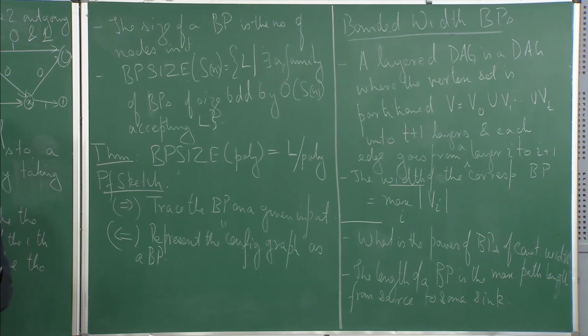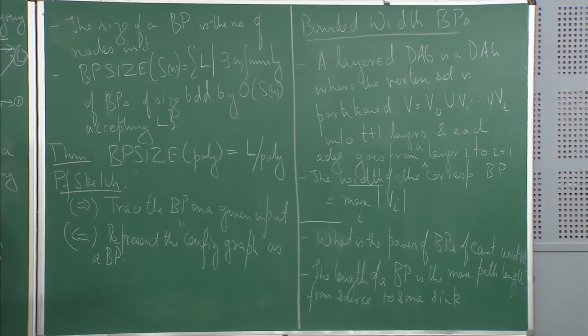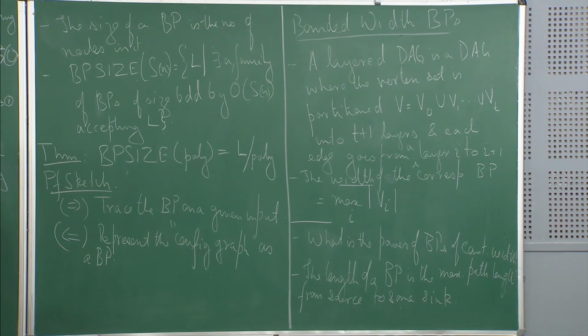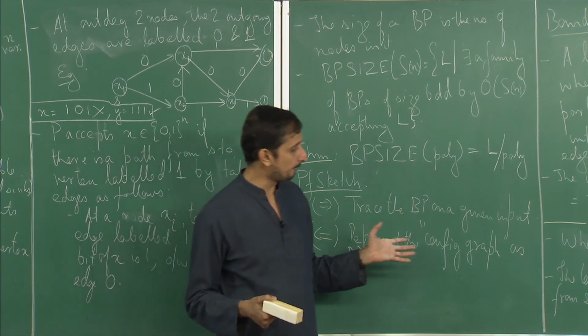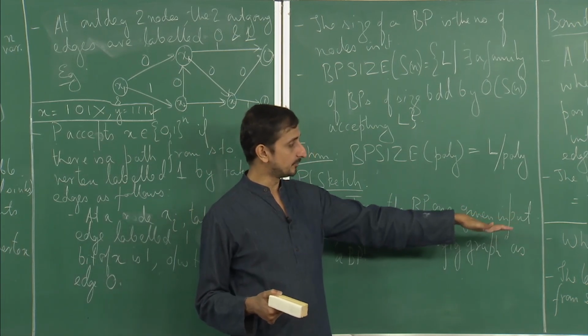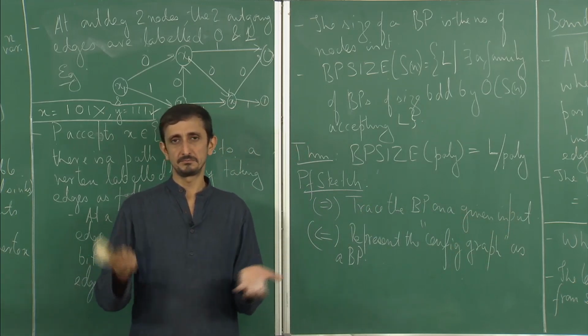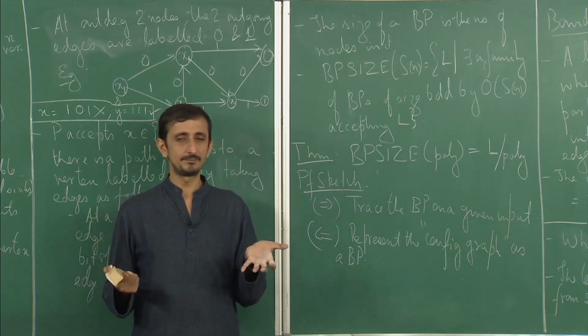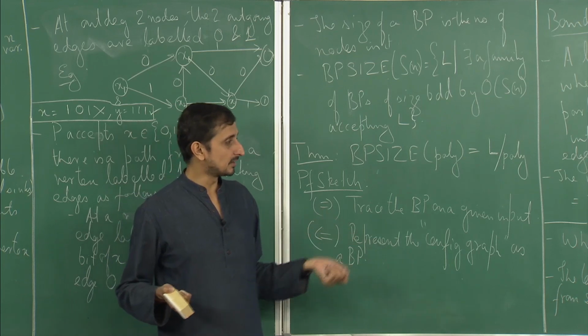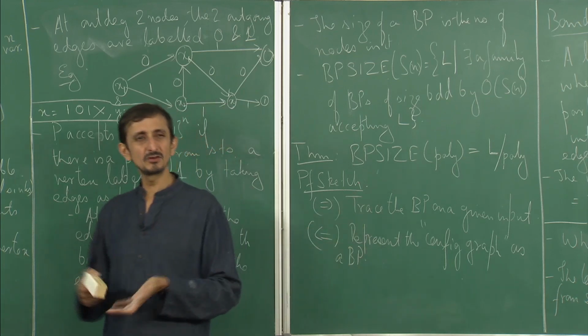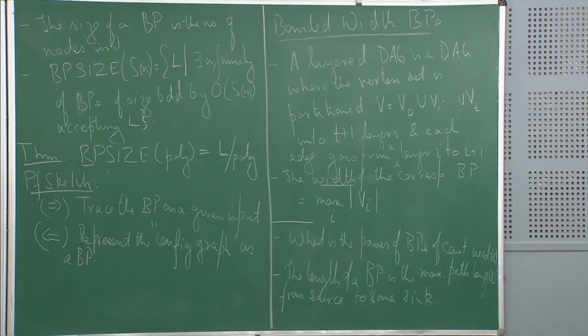If you compare with the class NC1, the class of circuits of logarithmic depth, NC1 was believed to be much more powerful than branching programs, because in NC1 you can do things like multiplication, majority and so on.